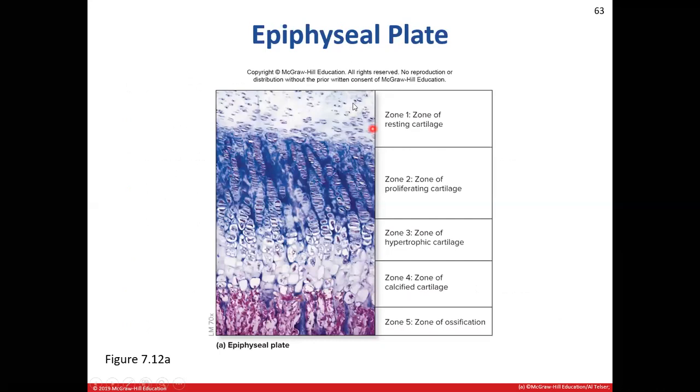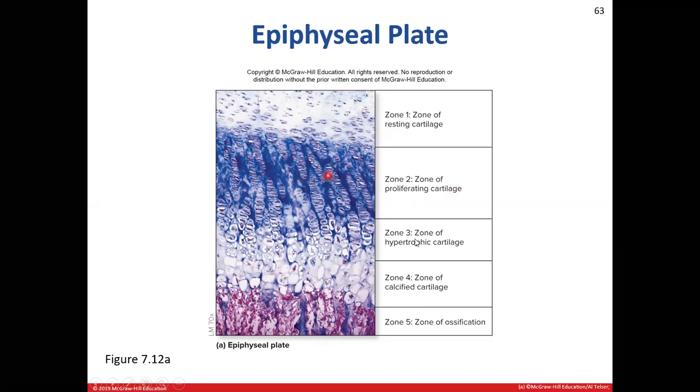If we take a look at the epiphyseal plate, we start at the area that's closest to the epiphysis, and then we have the area that's closest to the diaphysis. This is our zone of resting cartilage. Not a whole lot is happening here. Here we have our zone of proliferating cartilage, where these cells are starting to divide and create more.